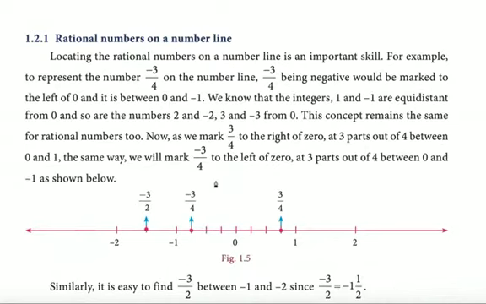Rational numbers on number line. How to represent rational numbers on the number line? Minus 3 by 4 on the number line. Minus 3 by 4 would be marked between 0 and minus 1, right? Because it is greater than minus 1 and less than 0.